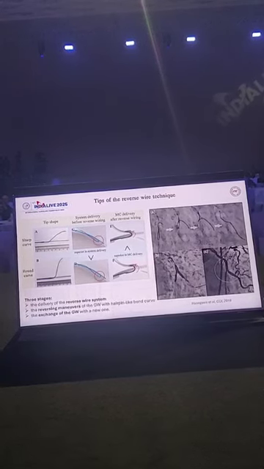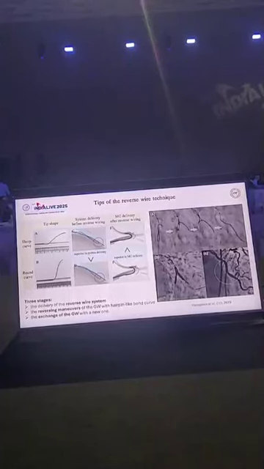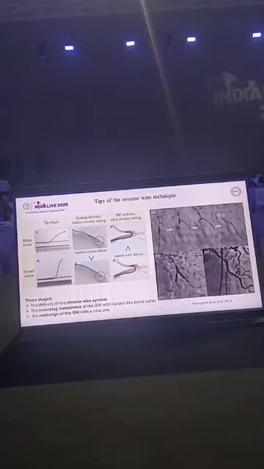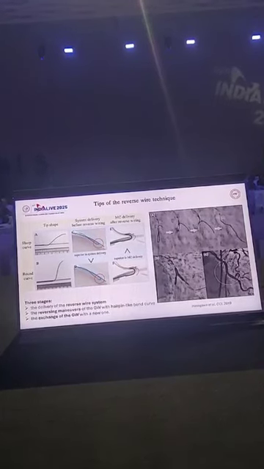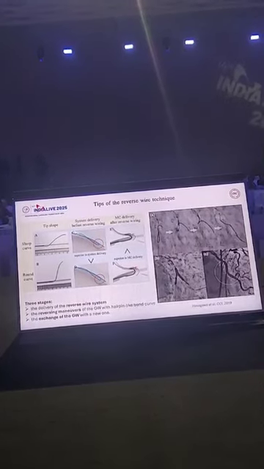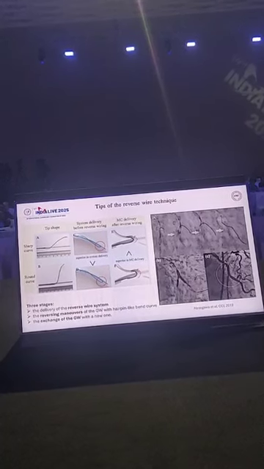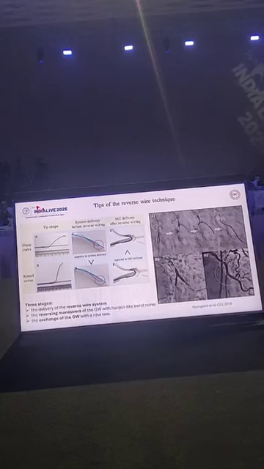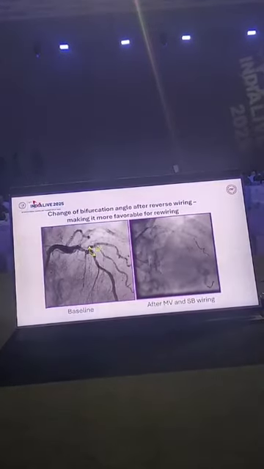Then there is the second step, that is the microcatheter delivery before the reverse wiring. And the last one is the microcatheter delivery after the reverse wiring, and then the need to exchange the guide wire at the end.